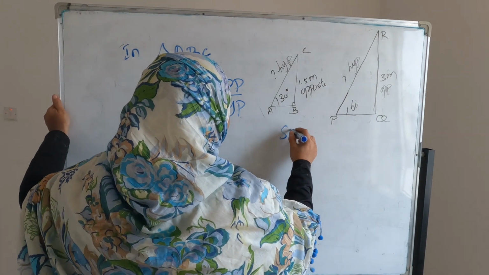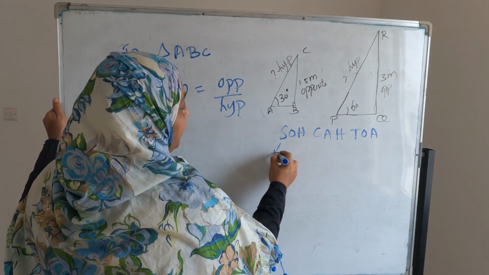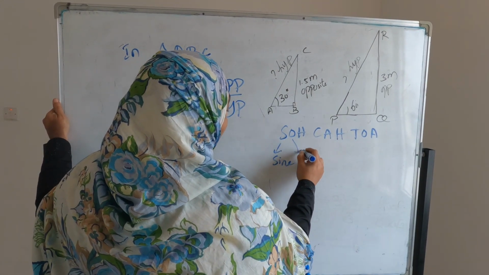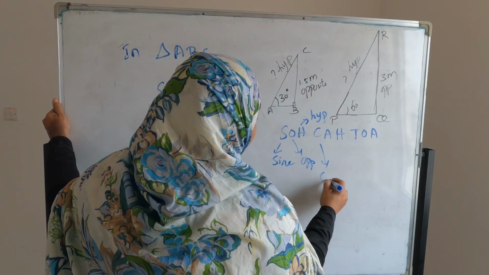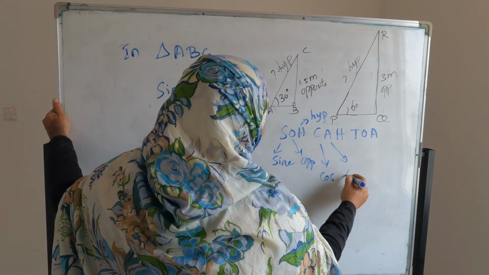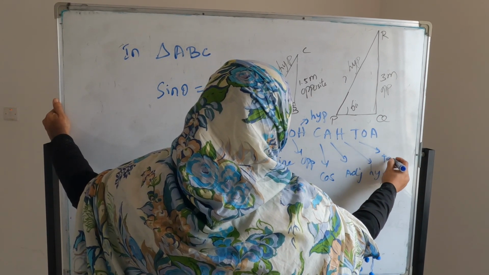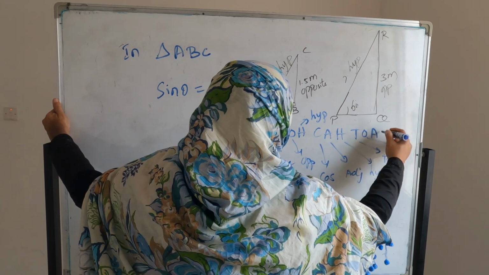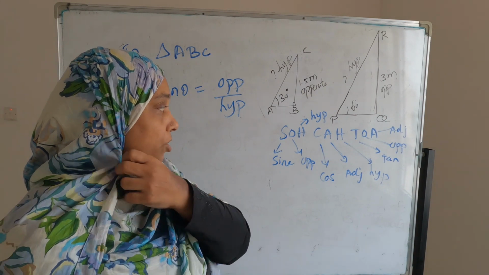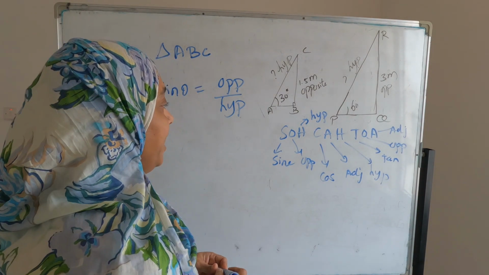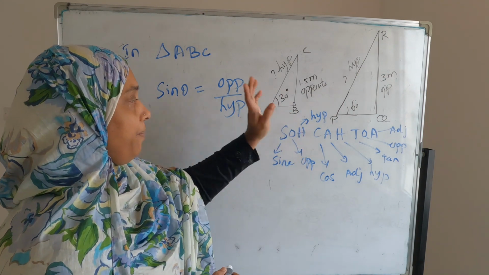Follow this: SOHCAHTOA. S is sine, O opposite, H hypotenuse; C is cos, A is adjacent, H is hypotenuse; T is tan, O is opposite, A is adjacent. Keep this in mind. So SOHCAHTOA tells us sin theta is opposite by hypotenuse.